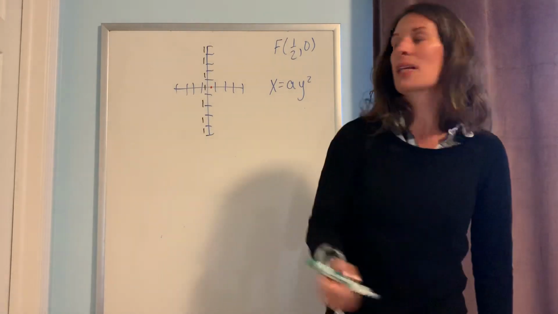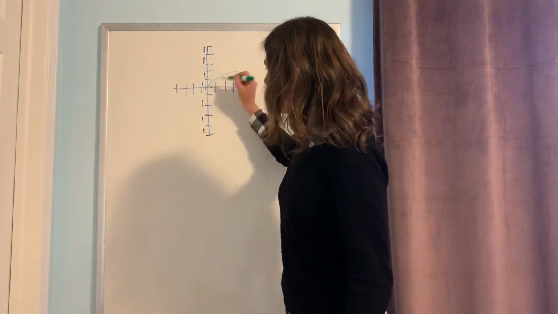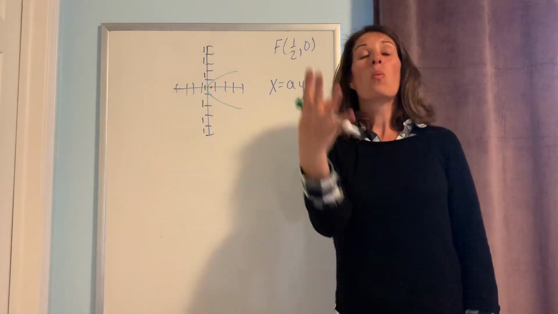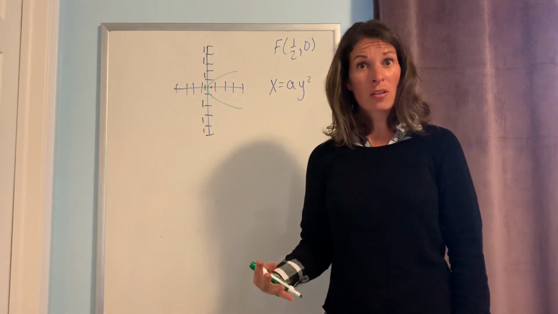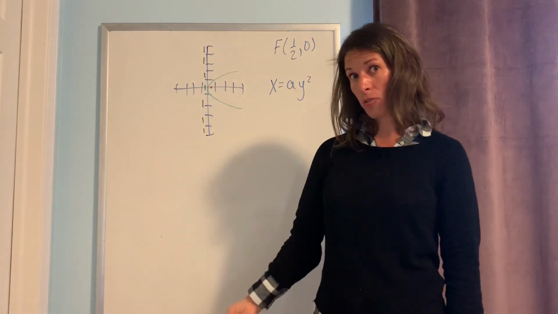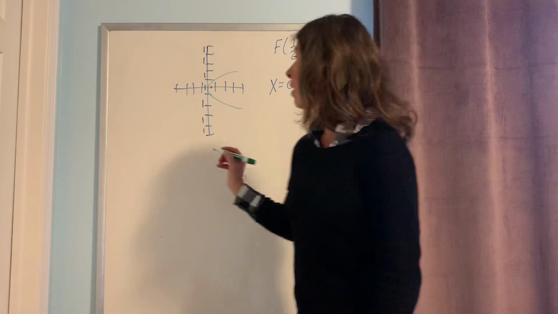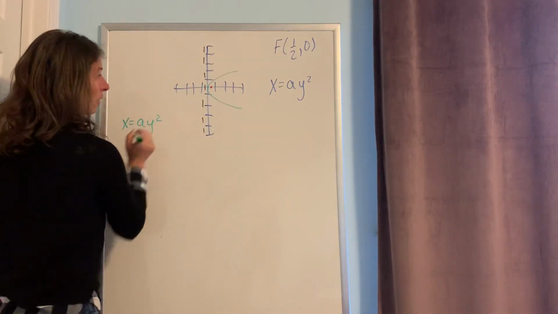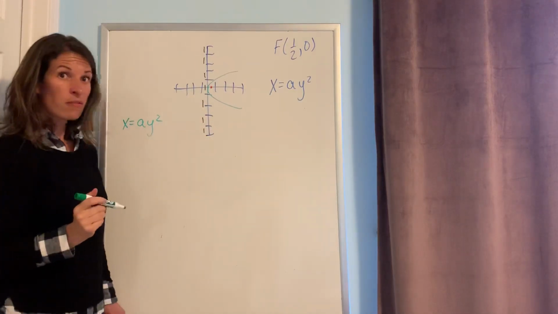And then my parabola, because it begins at the origin and encompasses my focus, is there. Now, we know that this is positive because it's encompassing my positive x values. So I'm going to have x equal to ay squared, and I know it's positive.